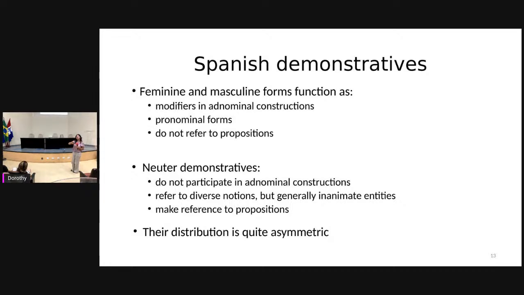And what is interesting though is that when we look at it from a usage-based perspective, the distribution is quite asymmetric. And if you're like me and believe in frequency as one of the parameters that promotes some type of change, the distribution is relevant.